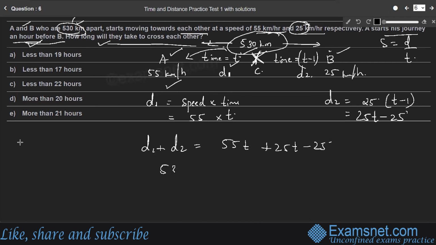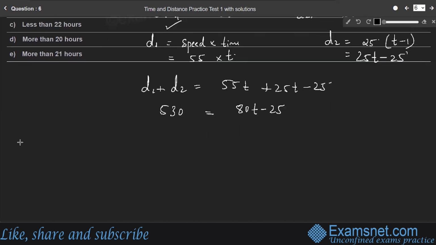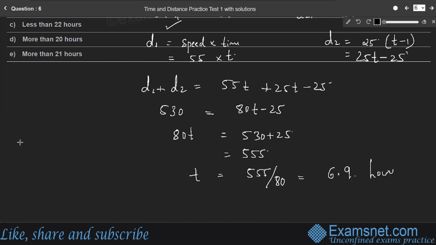So 530 is equal to 80T minus 25. Therefore, 80T is 530 plus 25, which is 555. Therefore, T is 555 by 80. After simplification, you will get 6.9 something hours.